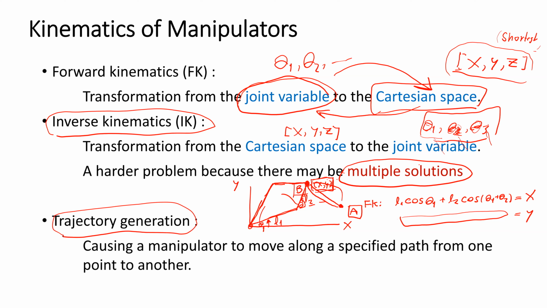Maybe if we want the robot to move from the coordinate x1, y1, z1 to the coordinate x2, y2, z2, and we plot the joint angle varying by time, it has theta 1 and theta 2 to go to the xy position that we want, from x1, y1 to x2, y2.